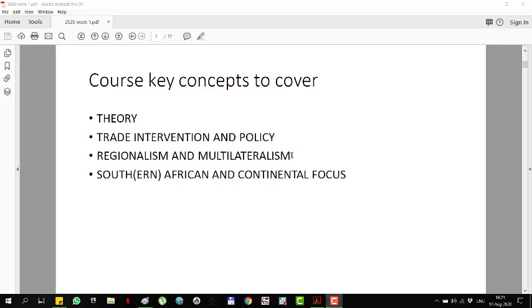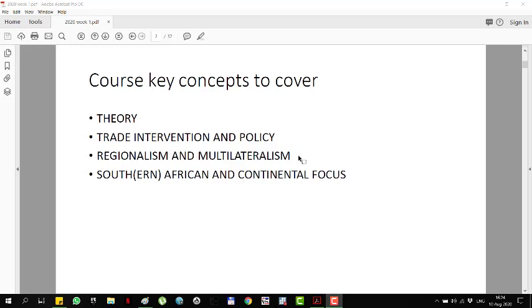And then the third thing here, regionalism and multilateralism. This is the course's key concepts to cover. In regionalism and multilateralism, we are concerned with multiple countries combining with each other within the same region or maybe over the same continent. And what is their approach together for trade amongst themselves and with other countries from other continents.